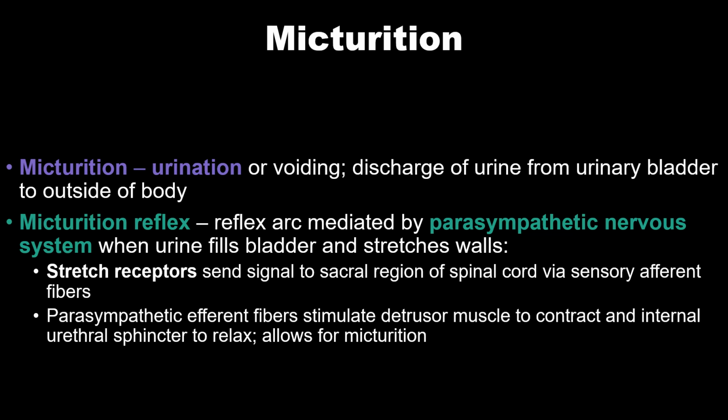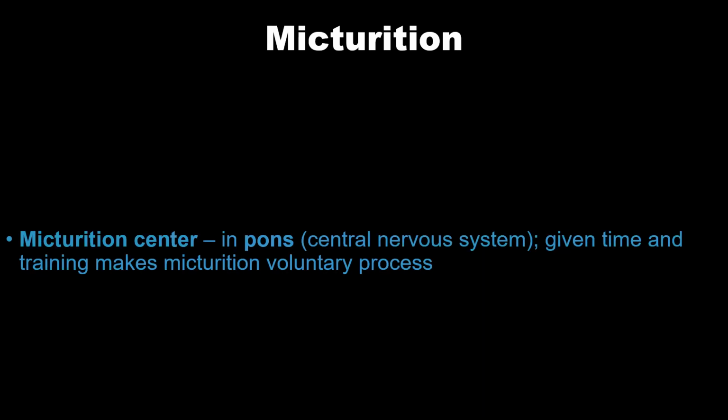So micturition basically occurs when urine fills the bladder and stretches its walls. This micturition reflex is going to occur. In infants and young children, this involuntary reflex is the primary mechanism through which they urinate. And it proceeds as follows. Stretch receptors send a signal through sensory afferent fibers to the sacral portion of the spinal cord.